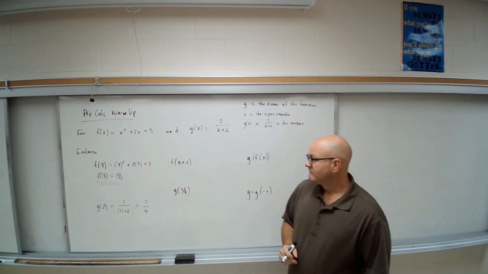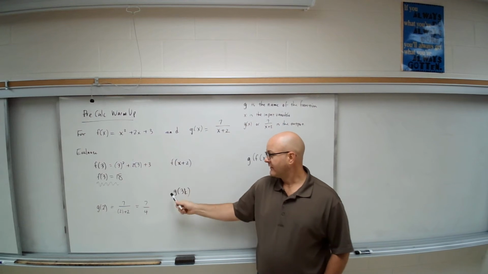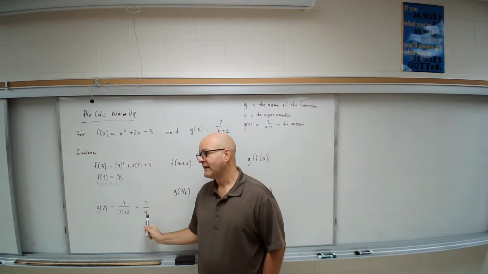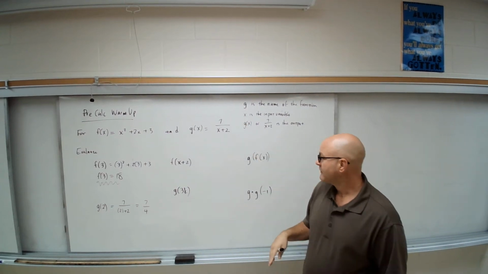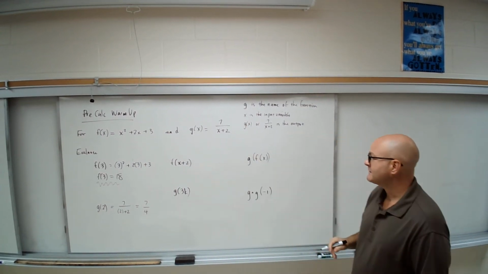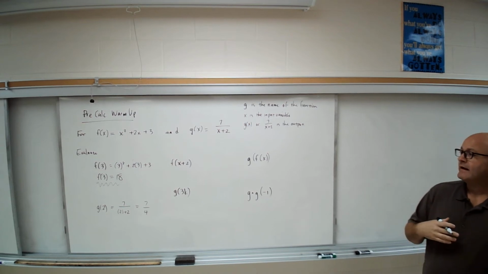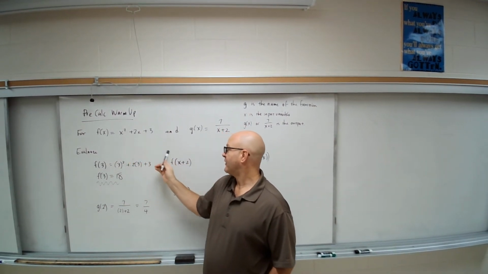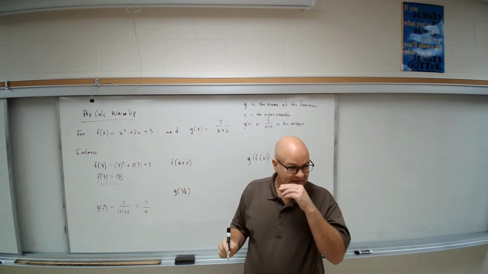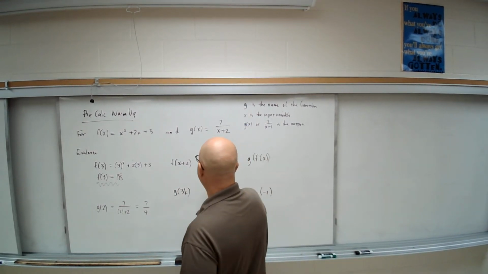All right, and then the next ones get a little harder. These were just input a number, get a number back out. Here we're going to input a new expression. So for this first one, f of x plus 2, we're going to take the rule f, and wherever there's an x, we're going to replace it with x plus 2. We have to do a little bit of algebra here.